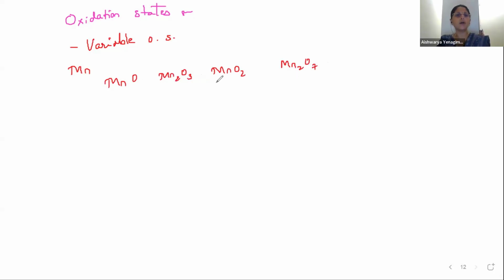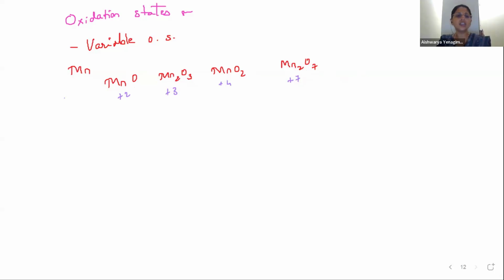So these are different compounds of manganese. If you see here, manganese in MnO has +2 oxidation state, Mn2O3 is +3, MnO2 is +4, Mn2O7 is +7. So you can see variable oxidation states.